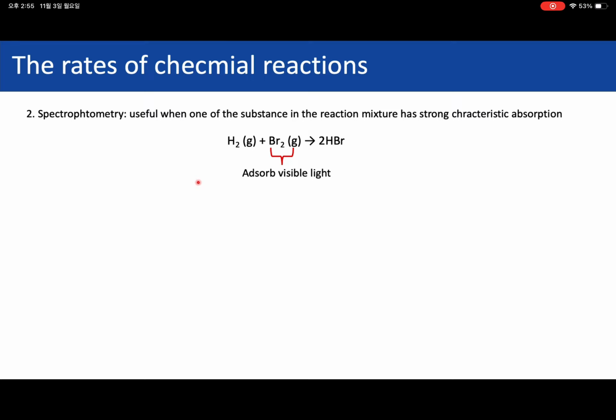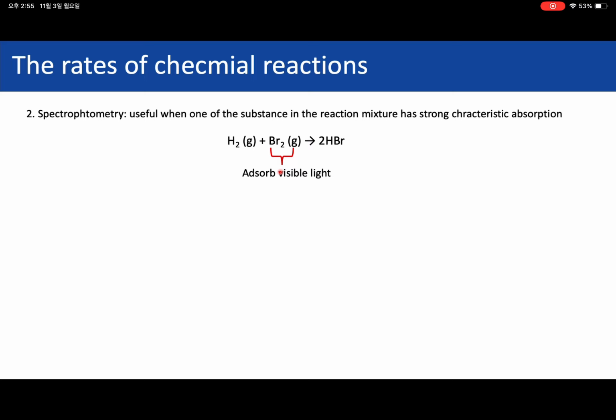So by measuring the intensity of the visible light that has been absorbed by this reaction system, at the initial stage, since we have a lot of bromine gas, a large portion of visible light will be absorbed by the gas molecules. But as the reaction goes on, the concentration of the bromine gas will decrease, then the amount of visible light being absorbed by this substance will decrease.